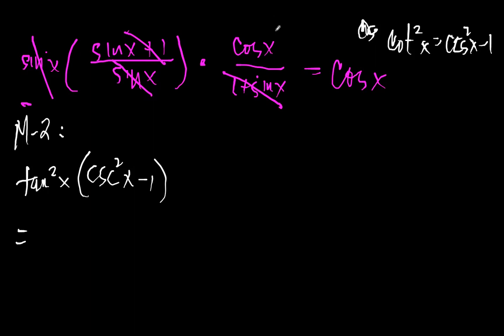Ayan. Pag ganyan, dini-derive ko pa siya, although madali lang sa akin kasi alam ko na. But for you, since your memory is still sharp, better know this right away. So I can transform cosecant square x minus 1 into cotangent square x, since they're identities. So tangent square x times cotangent square x.